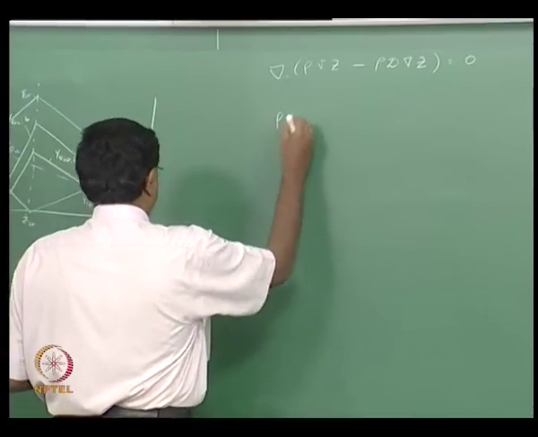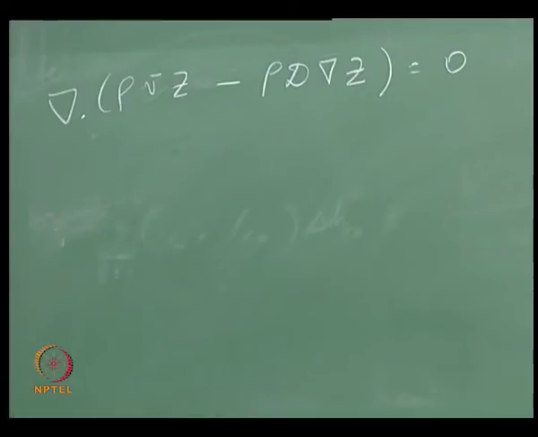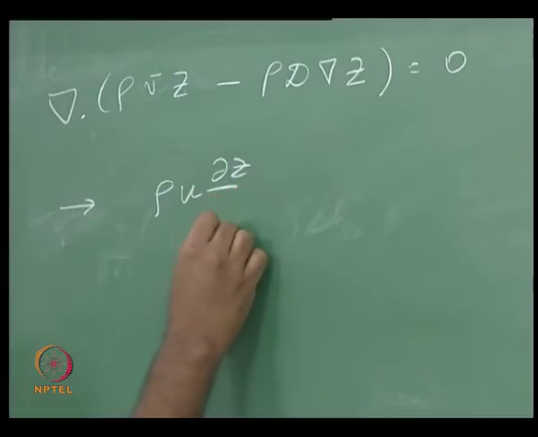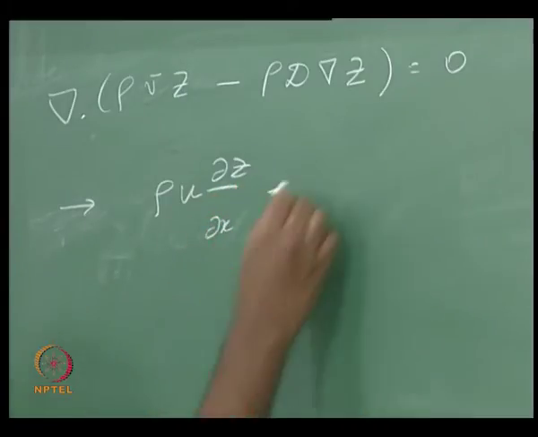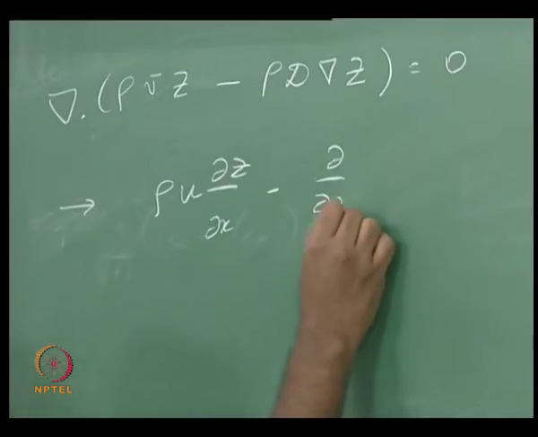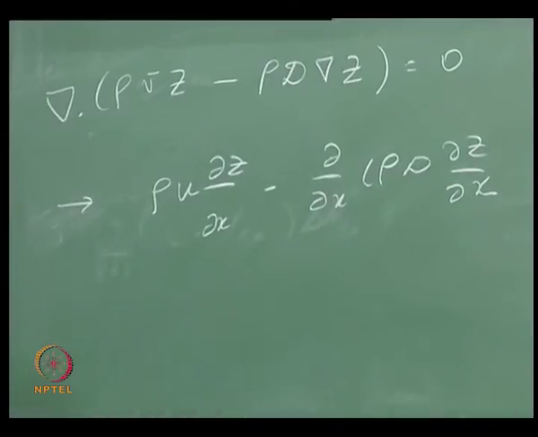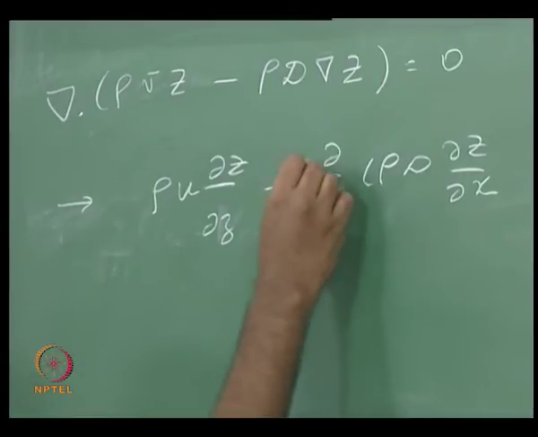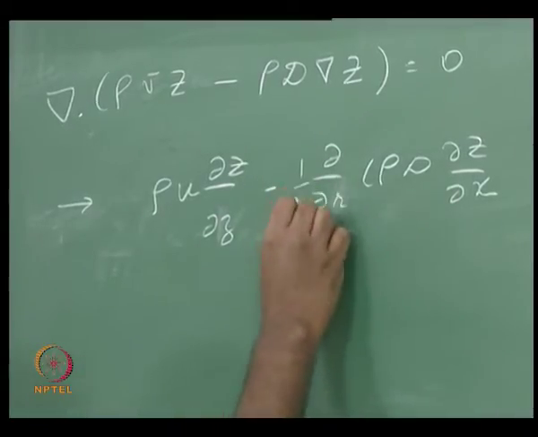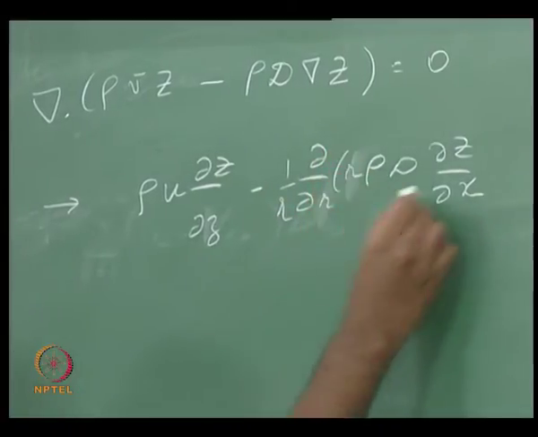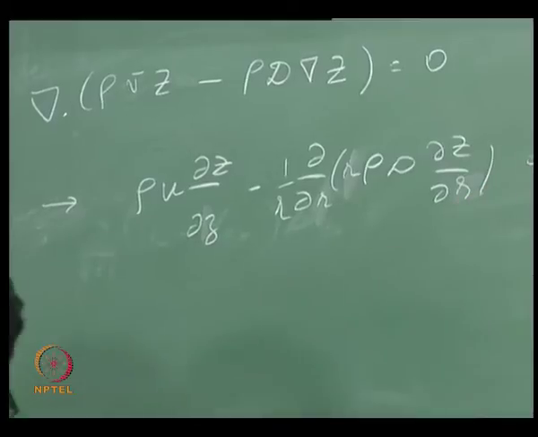Before we do that, we can say this for a simple case of, let's say, the Burke-Schumann kind of problem. If you now say rho u dou z by dou x minus, or if you want to do it in cylindrical polar, this would be like this, 1 over r and so on, that is okay, equal to 0.